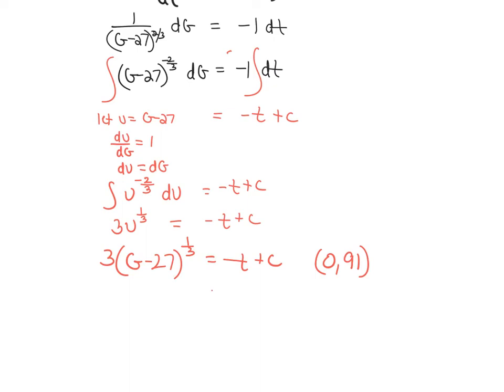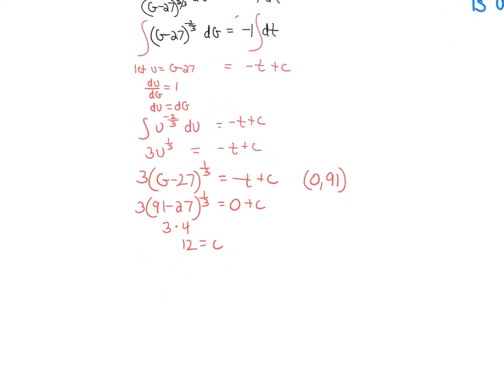So let's plug in those values. I'll subtract 91 minus 27, which gives us 64. The cube root of 64 is 4. And we get C equals 12.